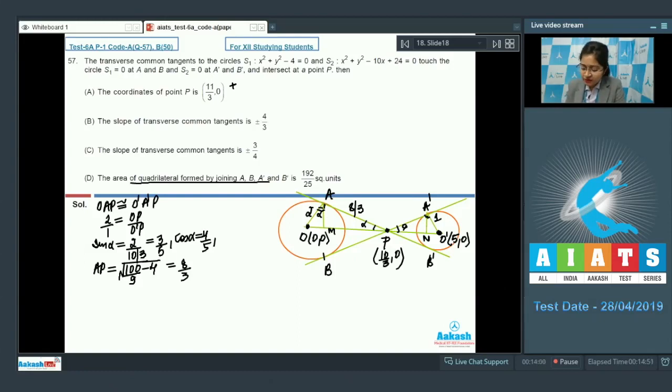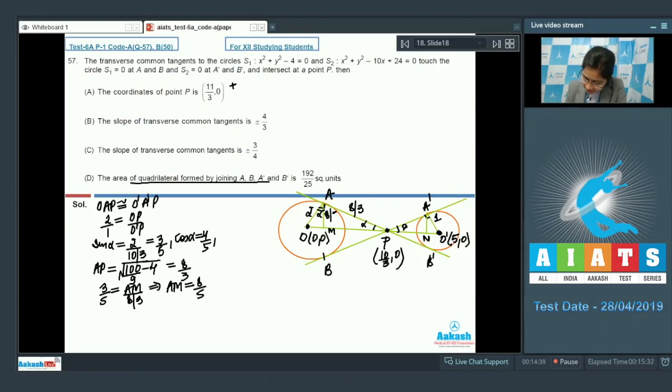Now to find the area of this trapezium, we have to find the value of AM and MP and PN and A'N, right? So let us find the value of AM now. In triangle AMP, we can say that sine alpha, that is 3 by 5, is equal to AM upon 8 by 3. So the value of AM will be equal to 8 by 5.